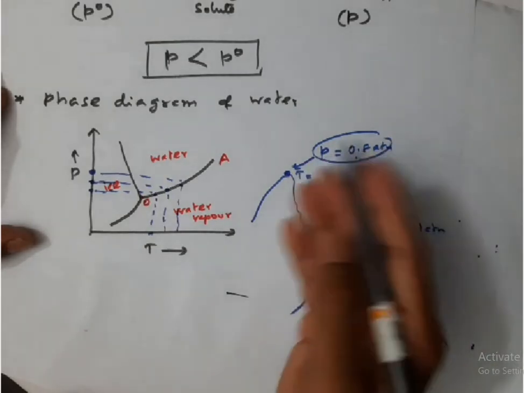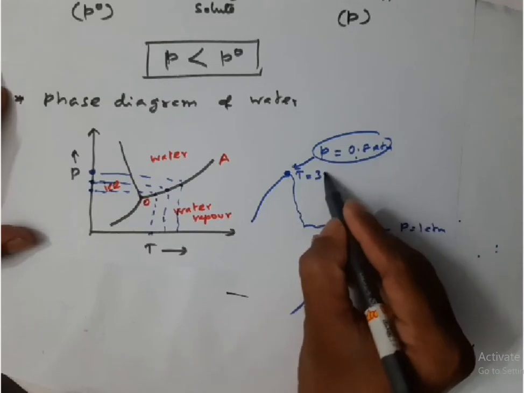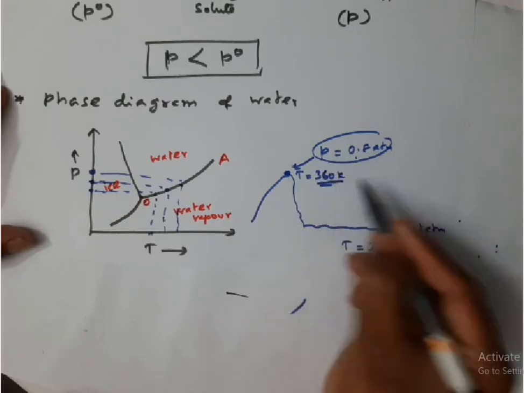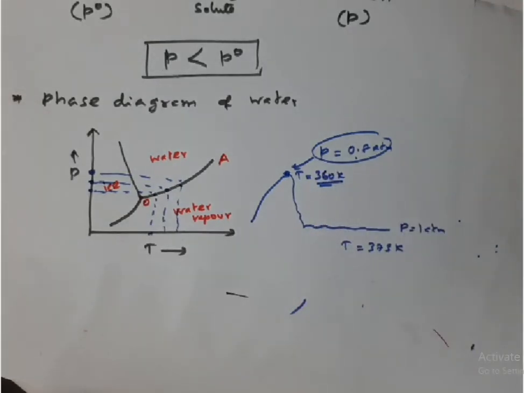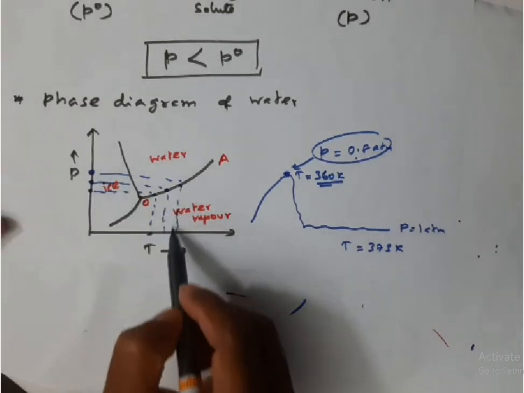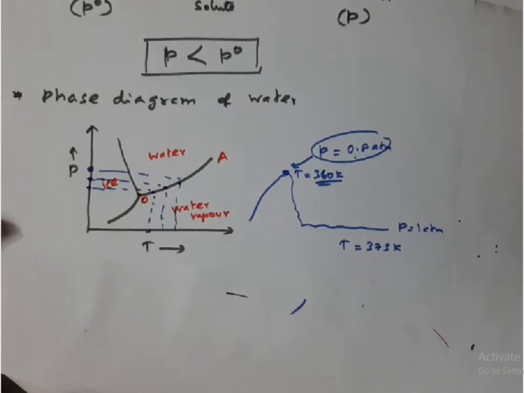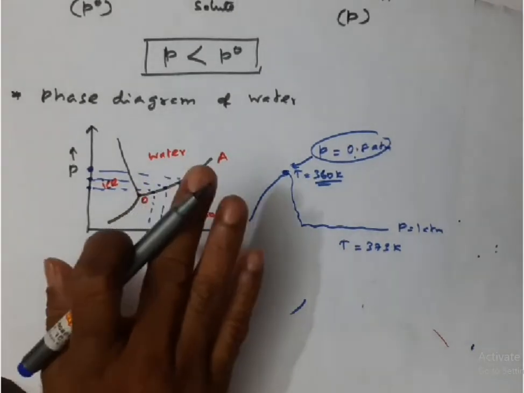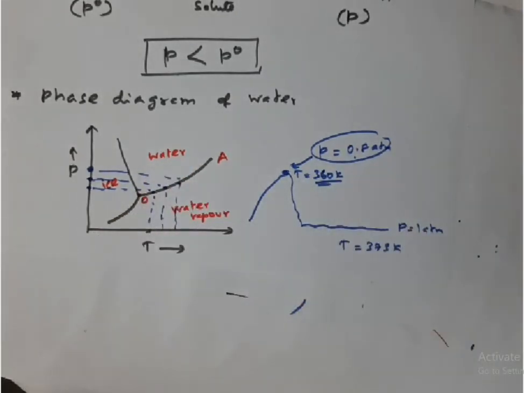It will be roughly less than that. So maybe 360 Kelvin, like that. Is it clear, students? This is very important. As external pressure changes, boiling point will change. As the external pressure increases, boiling point also increases. This is for pure water.